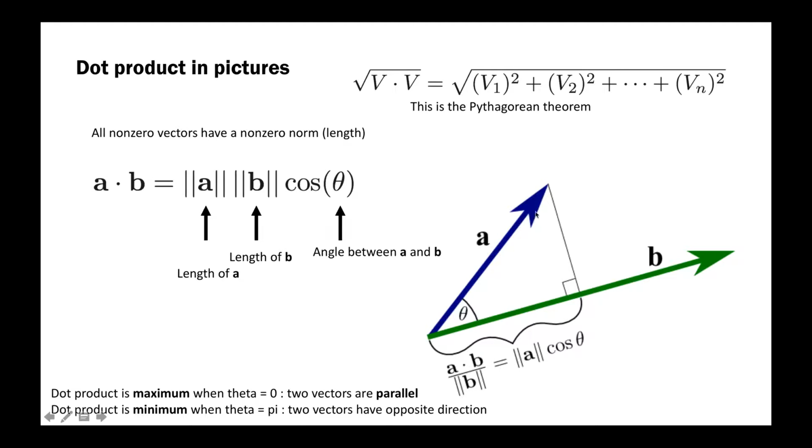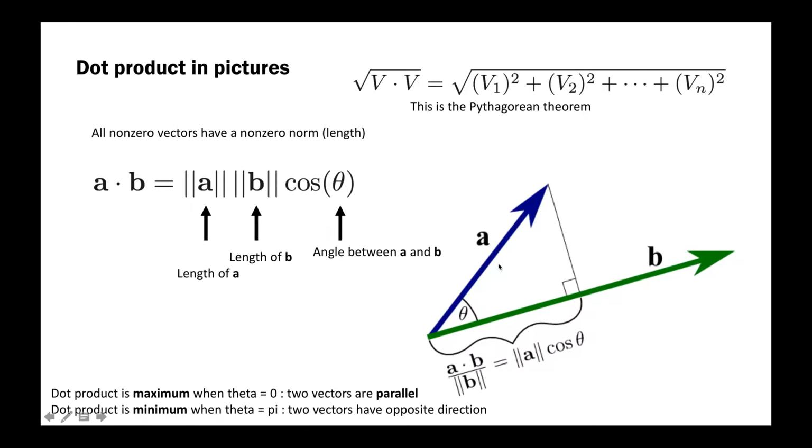Here we have A, and here we have B. You see they point in different directions, so there is an angle between them. So the dot product of these two vectors would be the length of A times the length of B times the cosine of this angle.